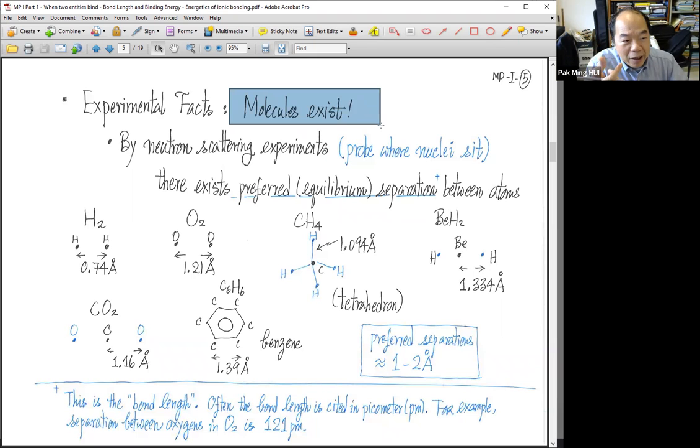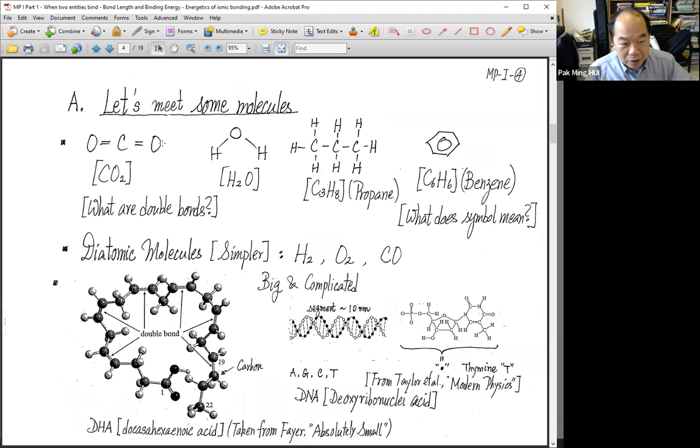We want to understand how quantum mechanics explains the existence of molecules and their properties. So let's meet some molecules. You know CO2, right? It is now the bad guy of climate change.